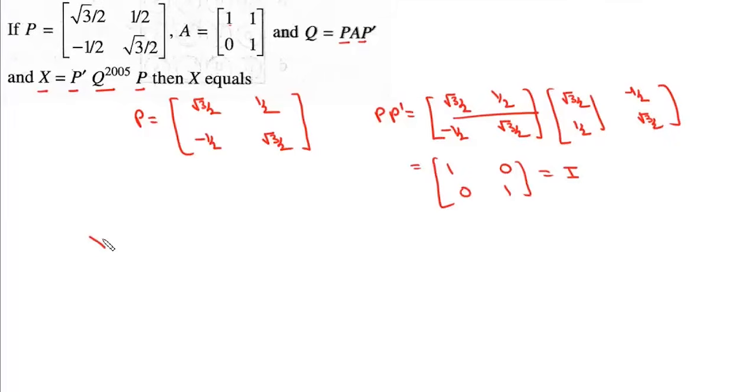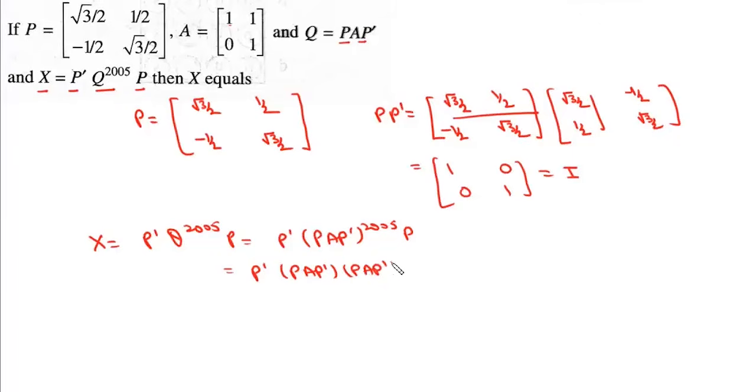Now if we look at X, this X is P dash into Q to the power 2005 into P. Now Q is P A P dash, to the power 2005, into P. Now we can write this as P A P dash into P A P dash, 2005 times, into P. Now matrix multiplication is associative.